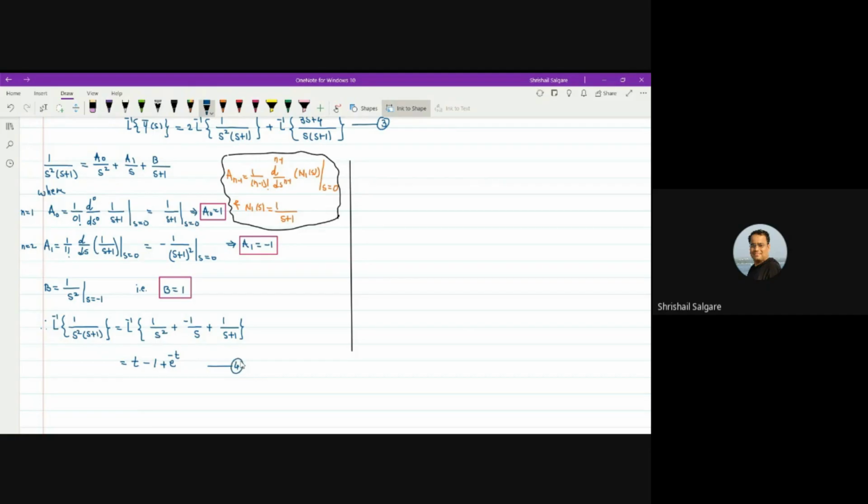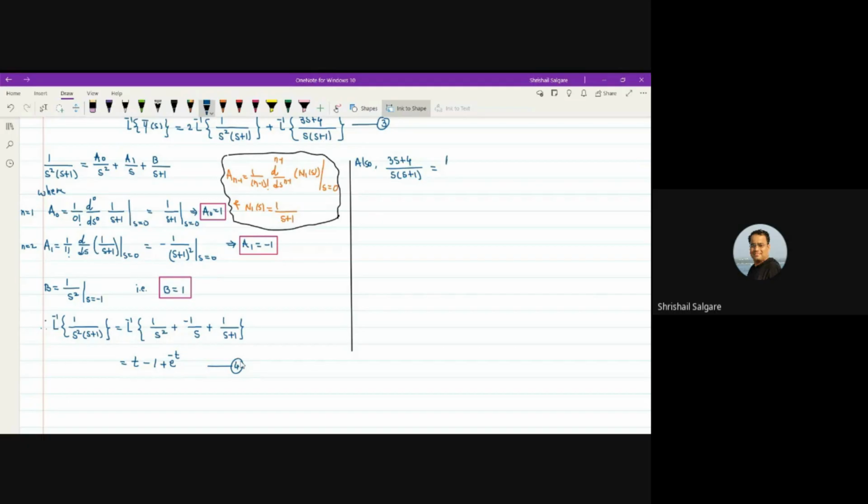Okay. So what I did, I calculated the inverse Laplace transform for the first one. In the same manner, the second one also you can complete. 3s plus 4 divided by s into s plus 1.